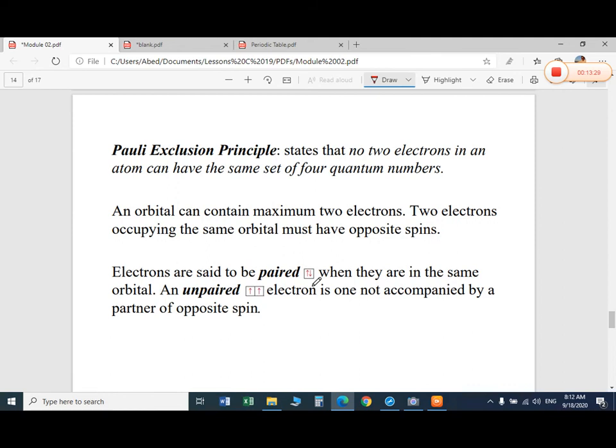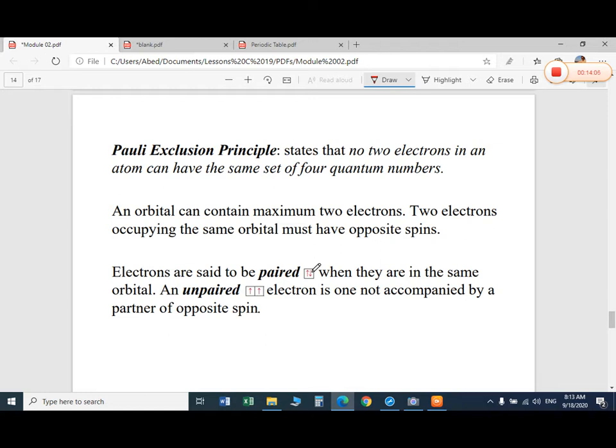So the next rule is the Pauli exclusion principle. It says it is not possible for 2 electrons in the same atom to have the same 4 quantum numbers. So no 2 electrons in an atom can have the same set of 4 quantum numbers, because the electrons will have opposite spin. When they have opposite spin, they are called paired. When they are paired, one is plus half, that is the spin quantum number, the other will be minus half spin quantum number, so the last quantum number will be different.